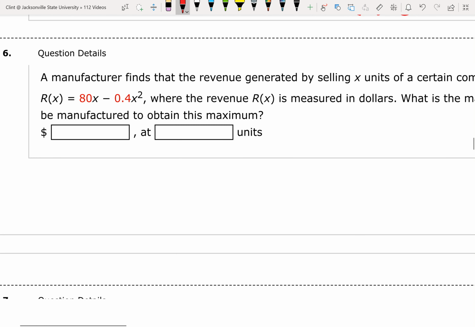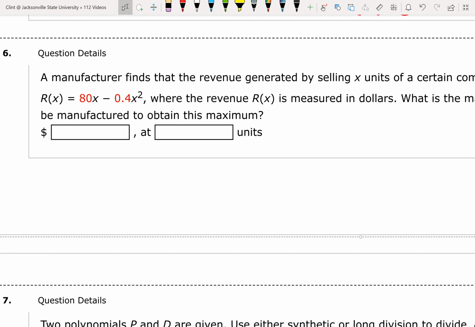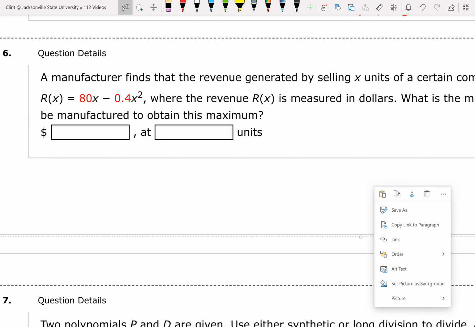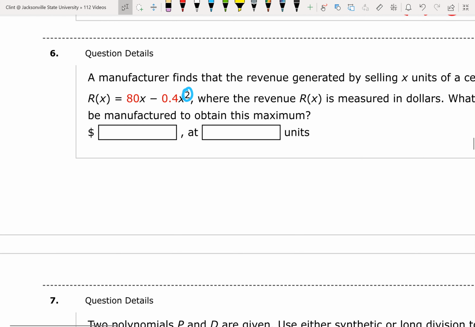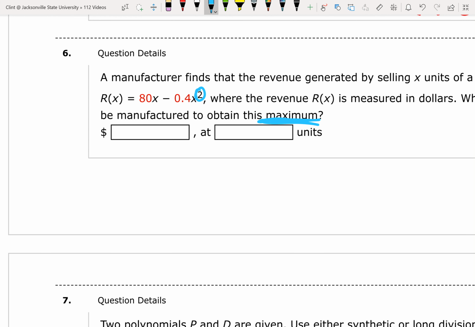Number 6. Even though it's a word problem, it's the same thing. Okay? The same thing, because this is a quadratic function and it's asking us for a maximum. So all we have to do is look at the vertex. If you write this thing in the standard order we're used to looking at, then it's negative 0.4 x squared plus 80x.